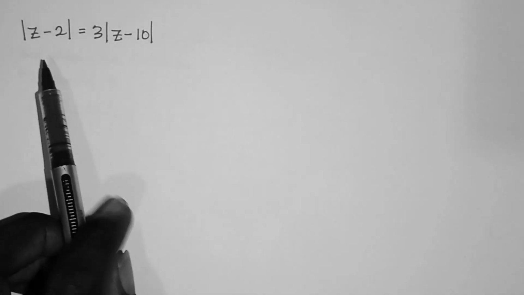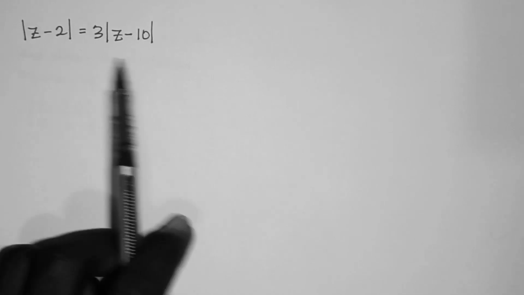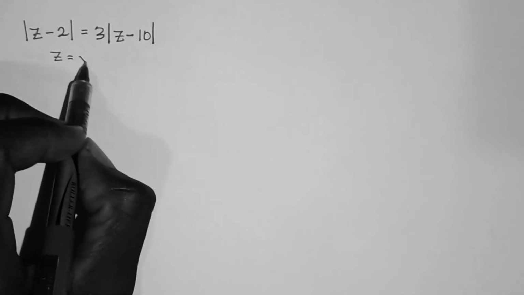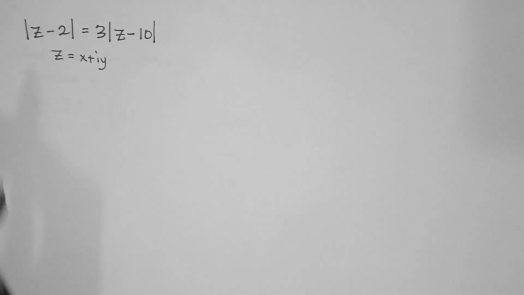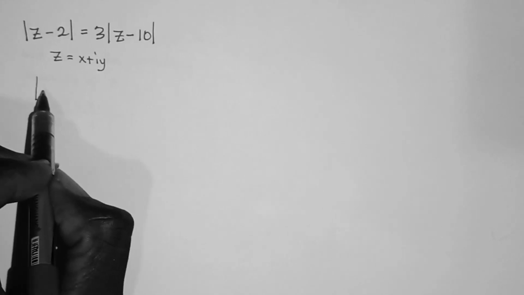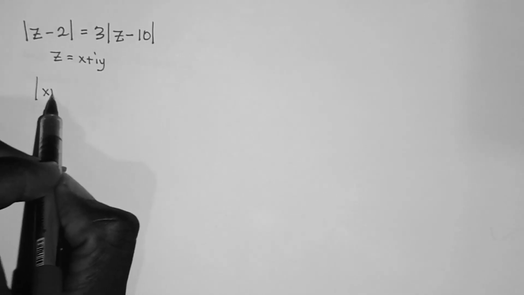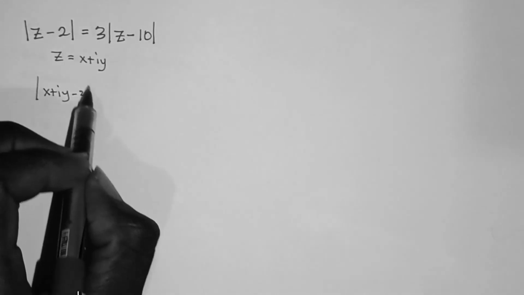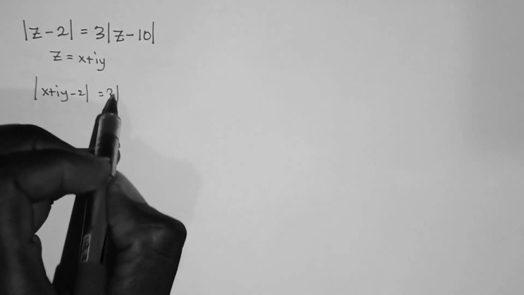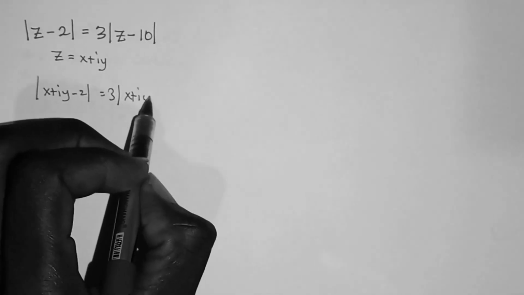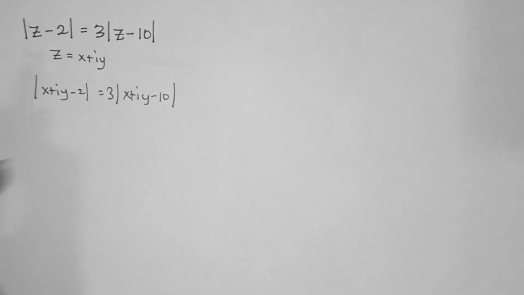So what is the locus of the points that describe these complex numbers? We know that z is equal to x plus iy. This becomes the modulus of x plus iy minus 2 equals 3 times the modulus of x plus iy minus 10.